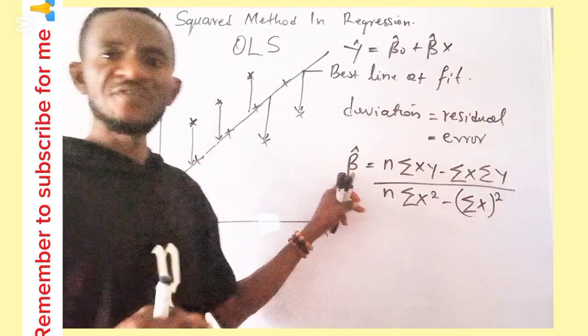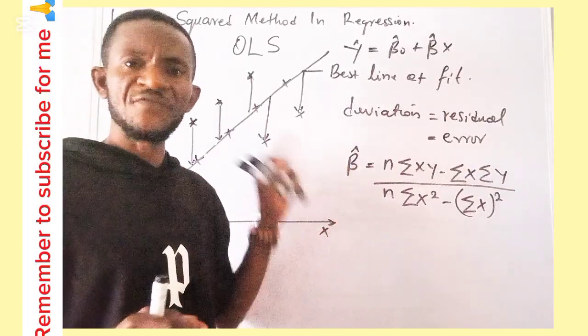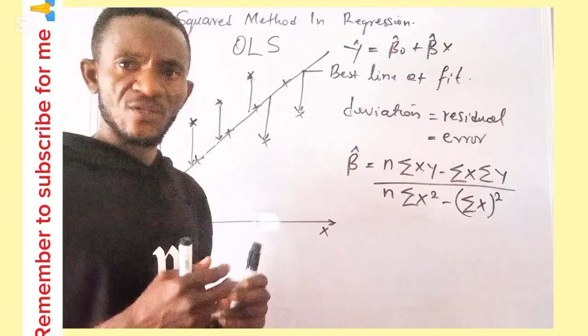This is the estimator of the slope when we make use of the least square method.